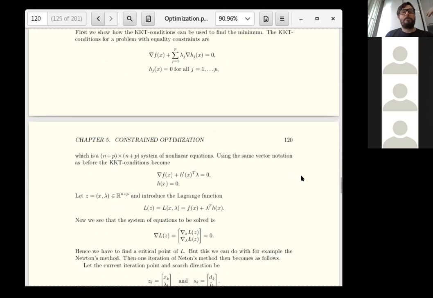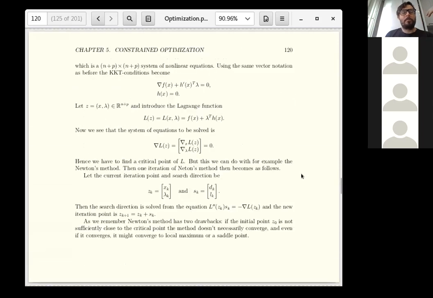If we express this in vector format, we take the gradient of f plus the Jacobian of h times some vector lambda, and that should be equal to 0. So what we have here is basically a linear equation.